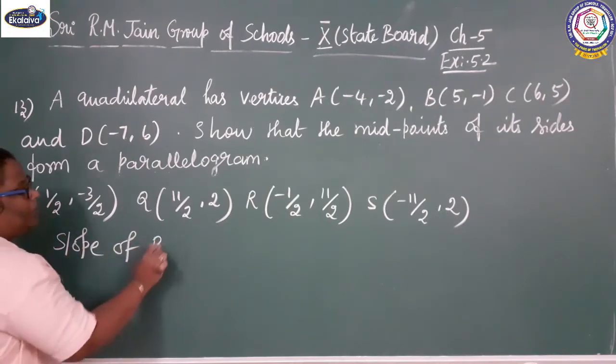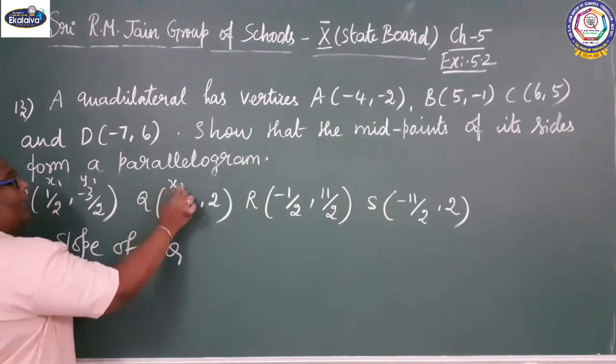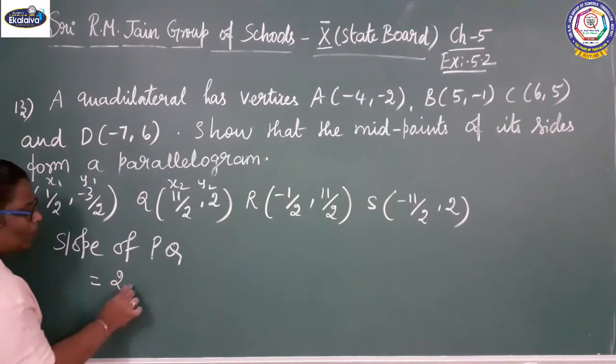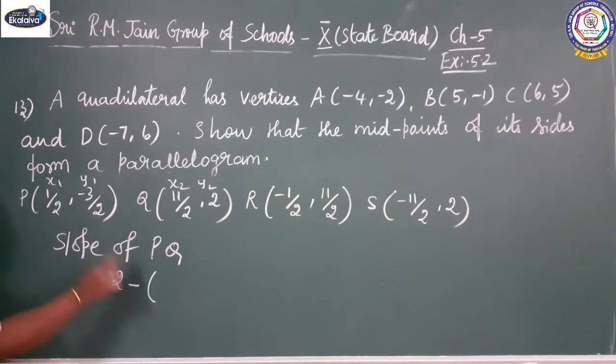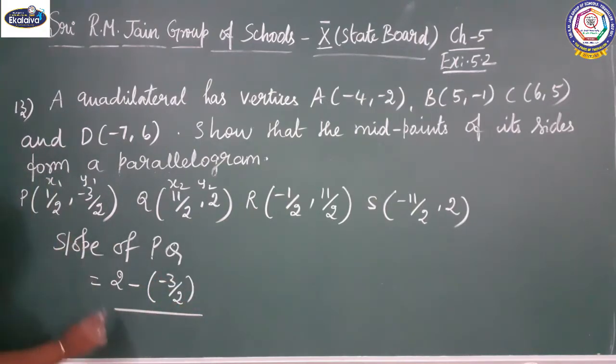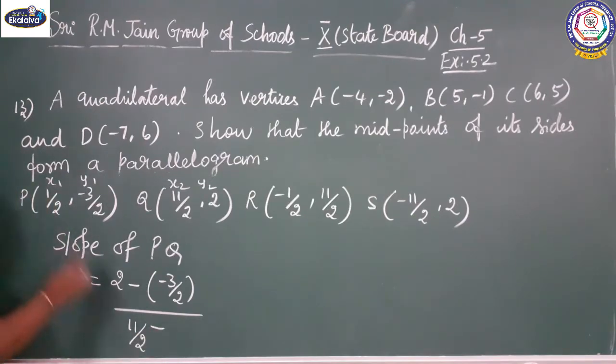The formula is y2 minus y1 by x2 minus x1. y2 value is 2 minus y1 is minus 3 by 2, by x2 is 11 by 2 minus x1 is 1 by 2.